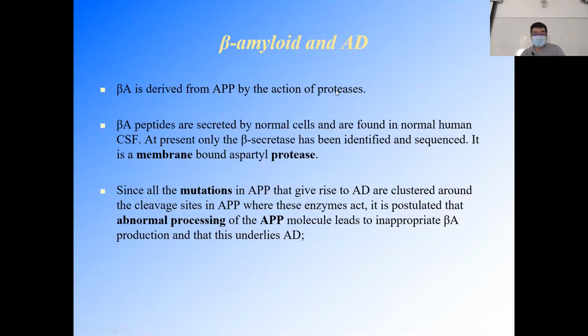So the beta amyloid, A beta, is actually derived from the amyloid precursor protein. The protein is processed by protease. Okay. The A beta peptides are normally found in normal human CSF as well, and it is processed by the protease in the membrane.